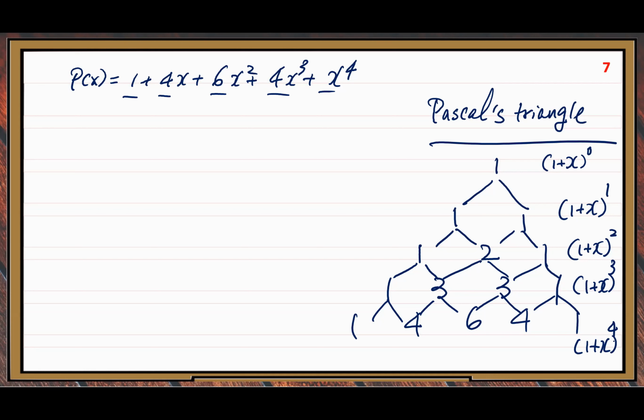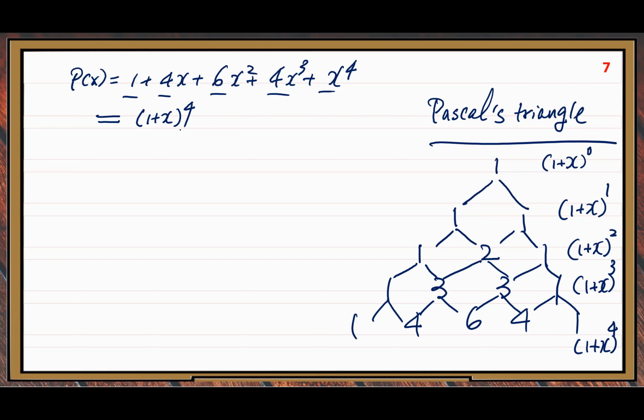If you use this Pascal's triangle, you can write this polynomial as 1 plus x to the fourth. Now, in 1 plus x, we do not count addition. We only count multiplication. This time, how many multiplications do you need? Yeah, we just did it.